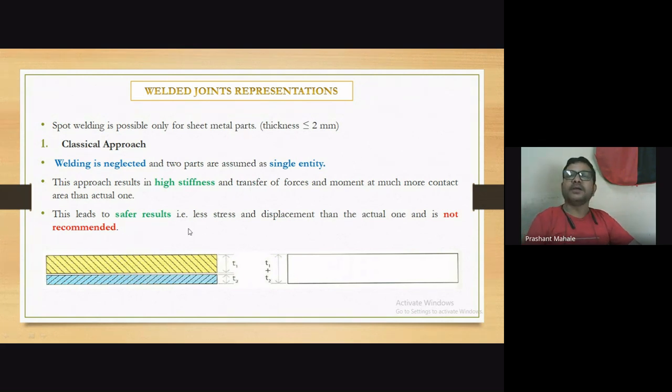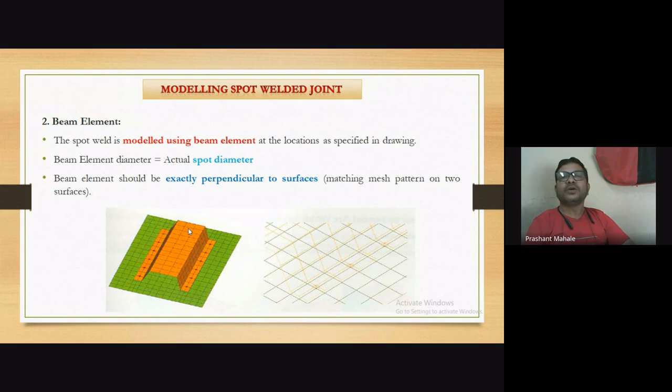And instead of this plate joint, if I have a beam element where we have to show the weld joints, and the weld is a spot weld, you must learn what a spot weld is. Suppose this particular portion is to be welded with this bottom plate.